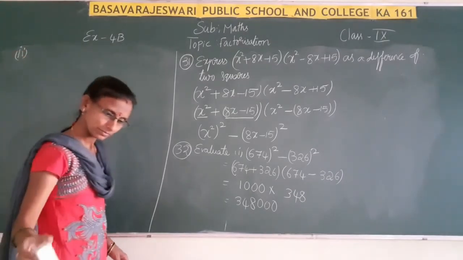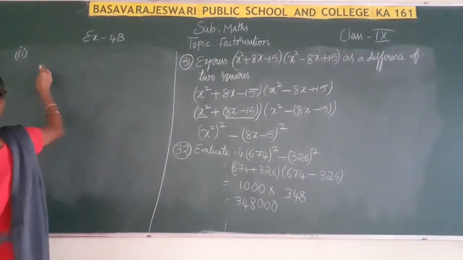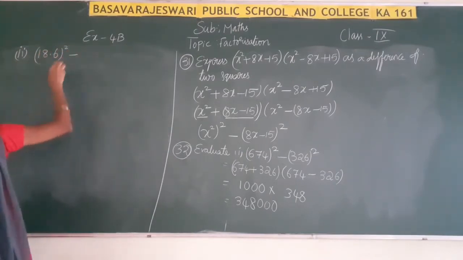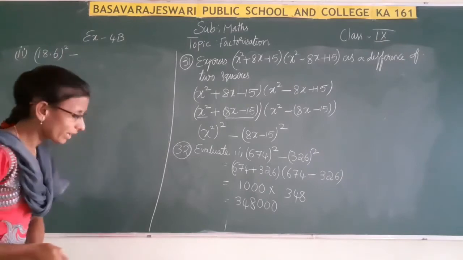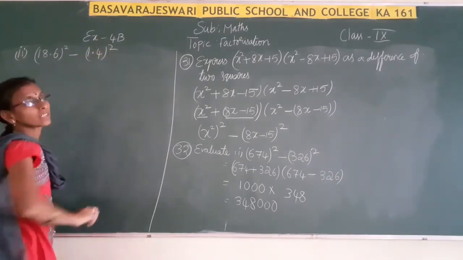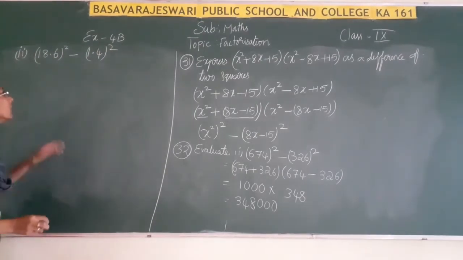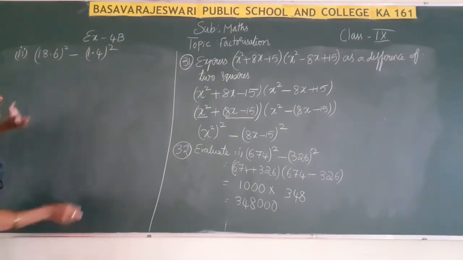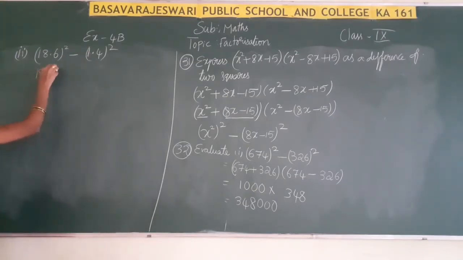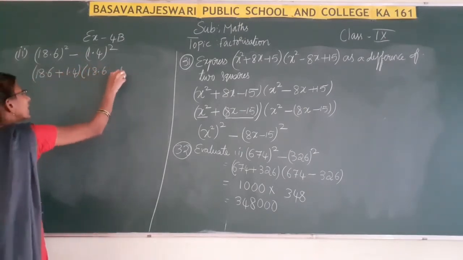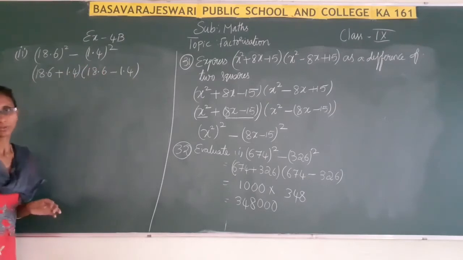Second one, 18.6 whole square minus 1.4 square. Okay, so a square minus b square, a plus b into a minus b. So 18.6 plus 1.4 into 18.6 minus 1.4.